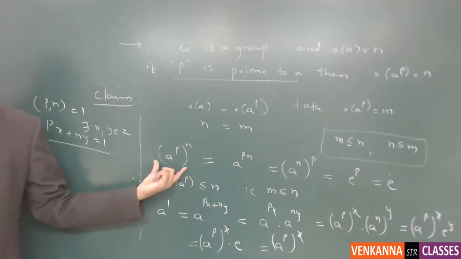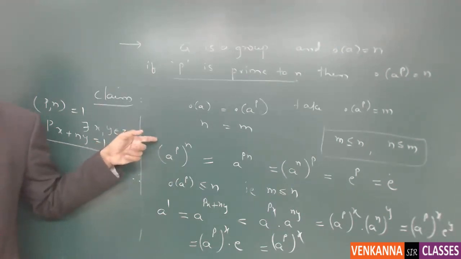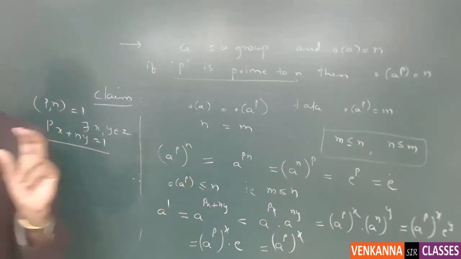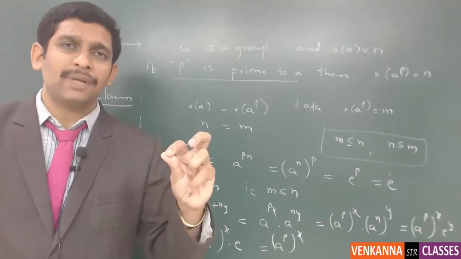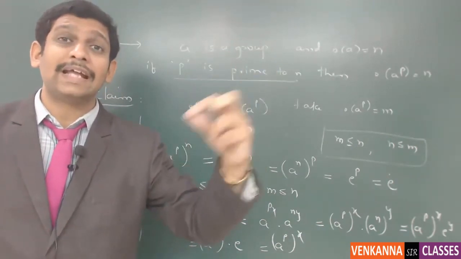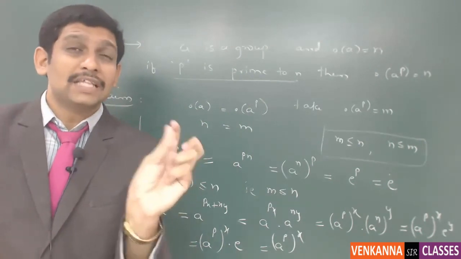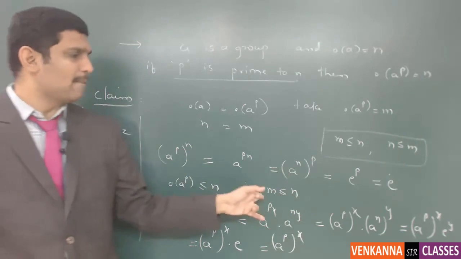So what is my first step? I raised the power of a power p up to n. So I got identity. So I can say that if I raise the element a power p, n times, I can get identity. Since I don't know whether n is the smallest value or not, so I can say m less than or equal to n.